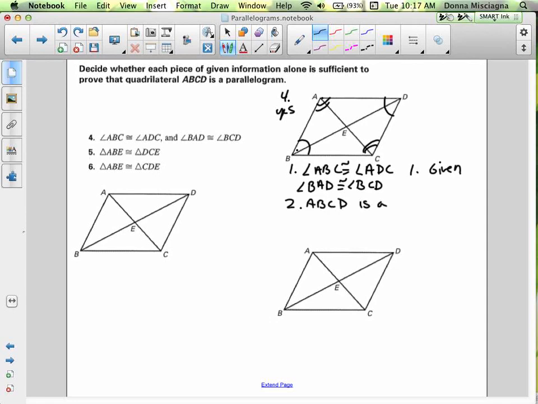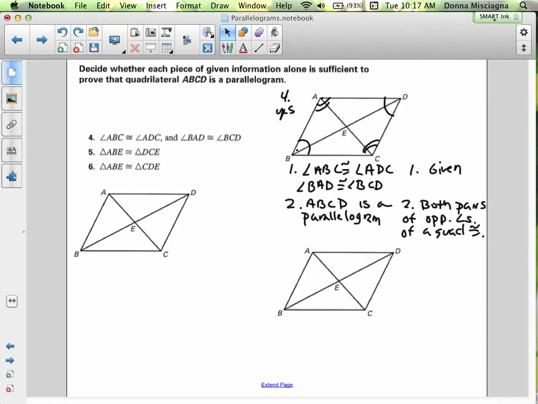ABCD is a parallelogram. And the reason that applies is that both pairs of opposite angles of a quad are congruent. All right, so that is a parallelogram.